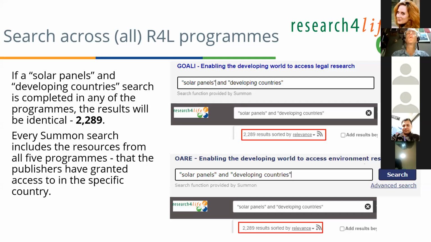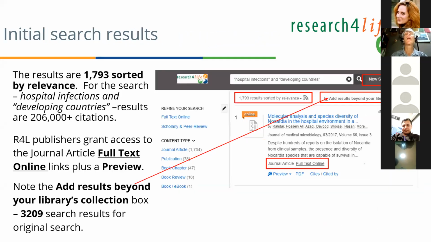There's 2,289 results from GOLI, which is the legal information portal, and solar panels has very little to do with legal information. I also did it in the environmental research database, AWARI, and I got the same number of results. Okay, 2,289 results, sorted by relevance.